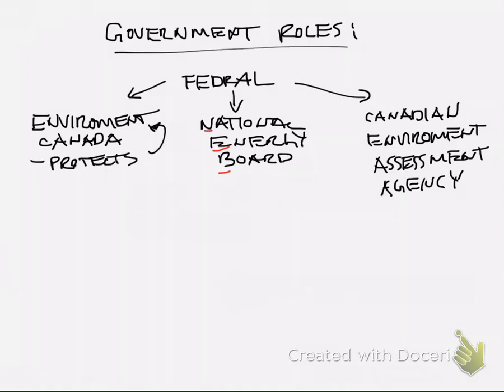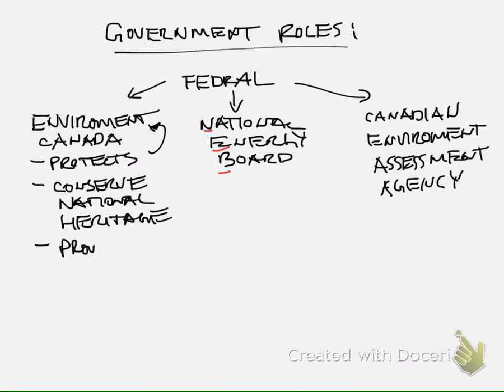Environment Canada's roles are to protect the environment, conserve national heritage, which we're not too concerned about here, and provide weather. But the big one is that they protect the environment at the federal level.